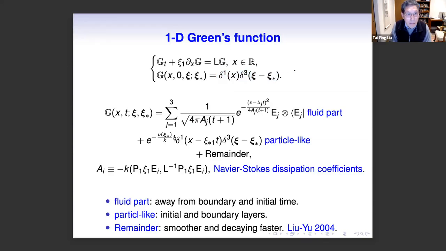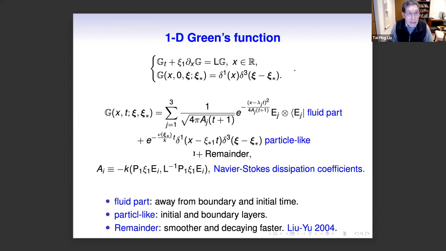Now this bunch of particles will continue with its identity, but propagate along the particle path with velocity c star, because that's their velocity. But they decay exponentially, with rate minus nu over k, and nu is the thing in the collision operator found by Hilbert.